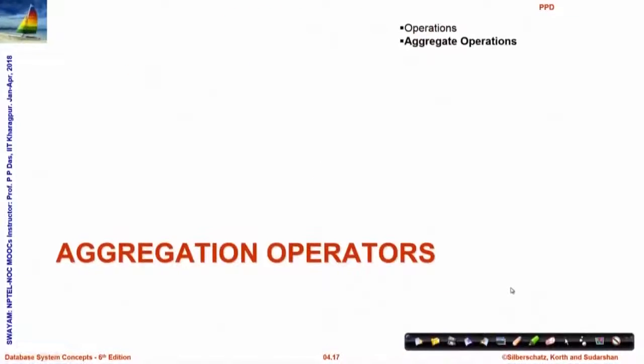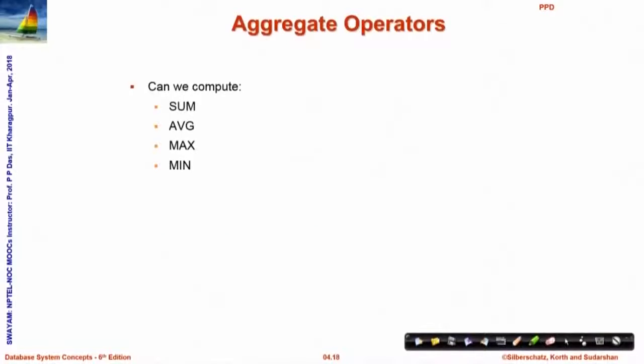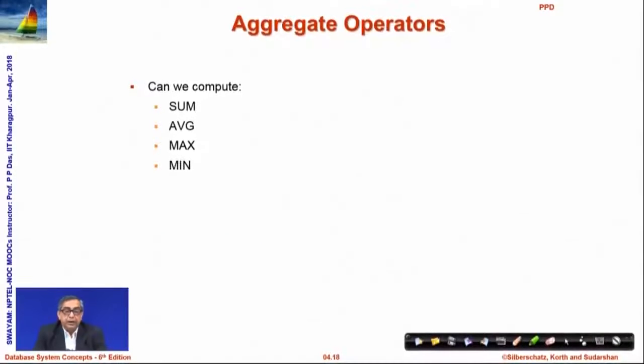So, these were the 6 operations and the important derived operations of relational algebra. Besides that, relational algebra has some aggregation operators. For example, given a table, we could compute the sum of values on a column, we could compute average of values, max of values, mean of values. So, these aggregate values of multiple rows on a particular column, and therefore, these are called aggregate operators.